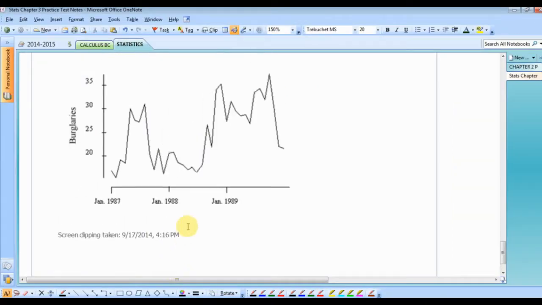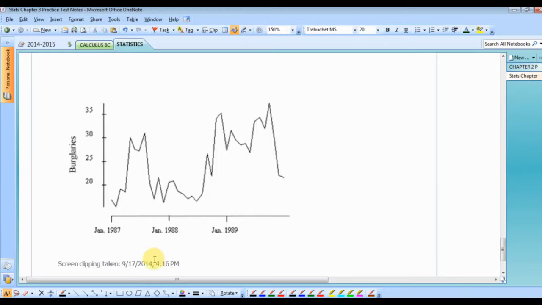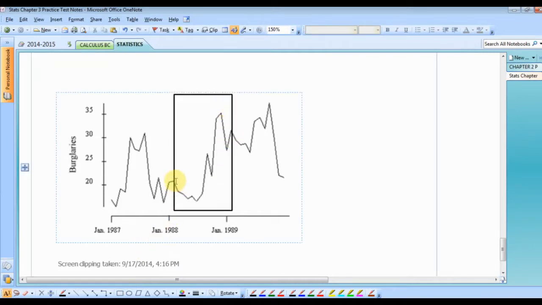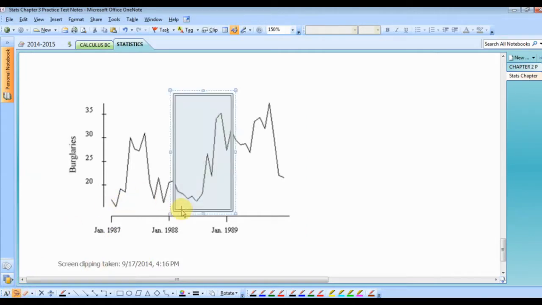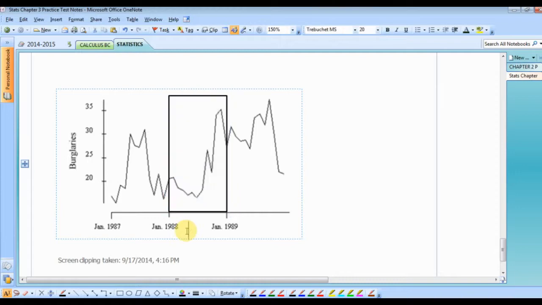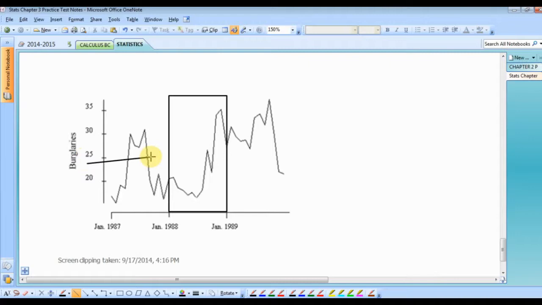There we go. Here's what we're going to do. We're only looking between 1988 and 1989, and we're also looking right around 25.